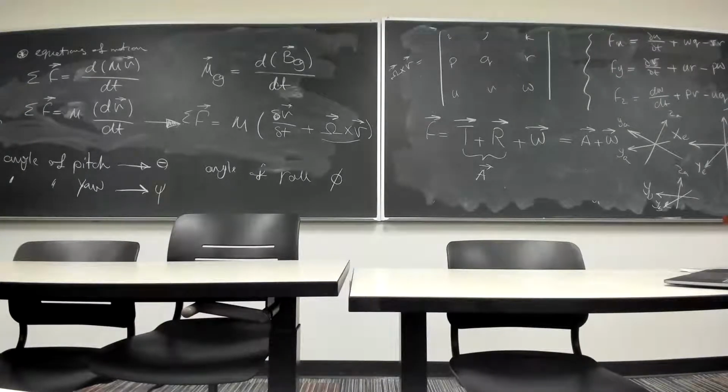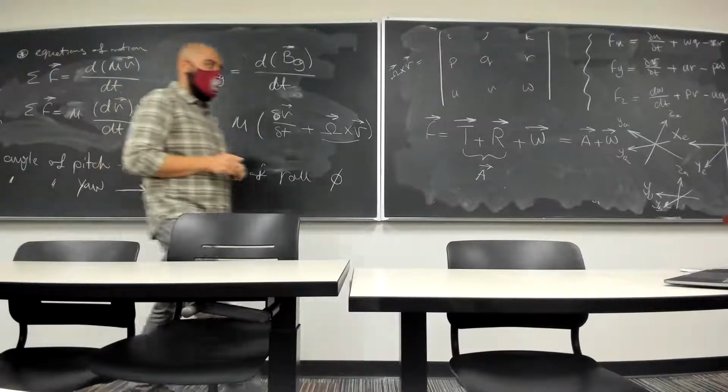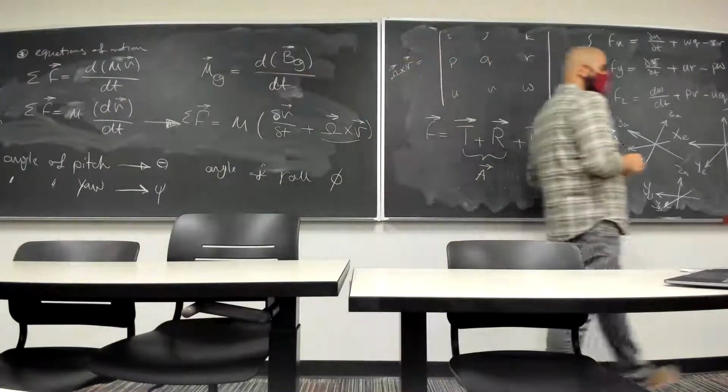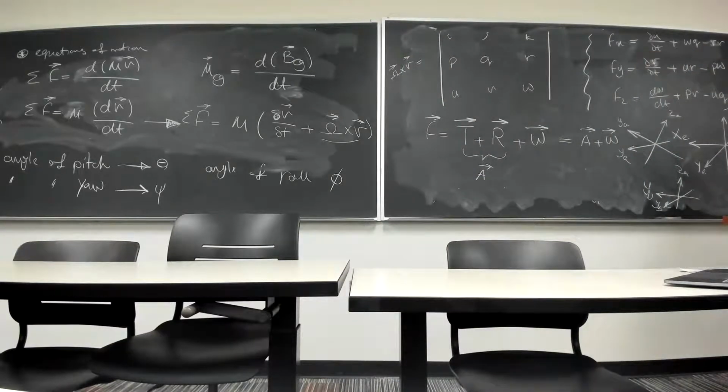Is that what you mean? Yeah, like you're looking down on the aircraft. Okay, that's true. We are going to use the body's frame of reference as the main frame, which means that your weight is going to have a component in each direction.